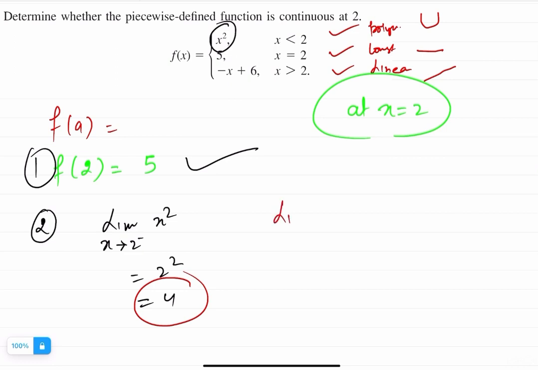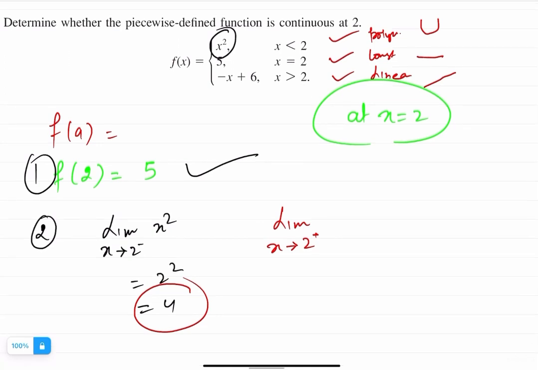If you want to find the limit as x approaches 2 from the positive side, that means we will take the function for x greater than 2, that is negative x plus 6. So put x as 2, the output that we are getting is 4.